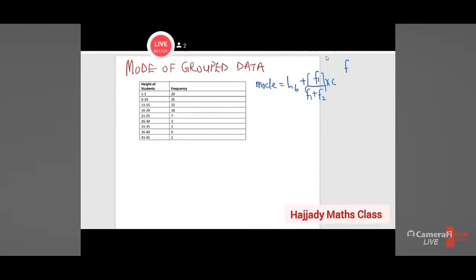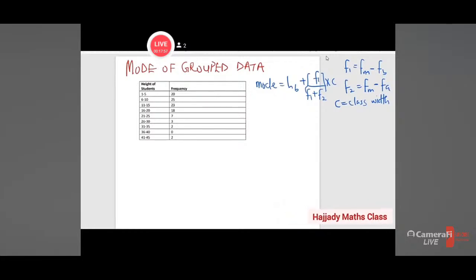F1 is the frequency of the modal class minus the frequency before it, and F2 is the frequency of the modal class minus the frequency after it. And C is the class width, which you can also call the class interval, that means the difference between the lower and the upper.